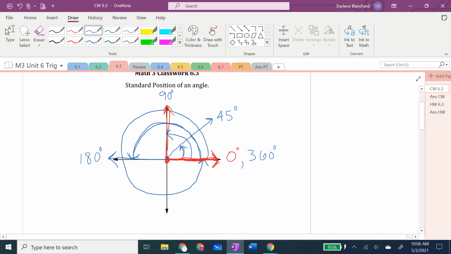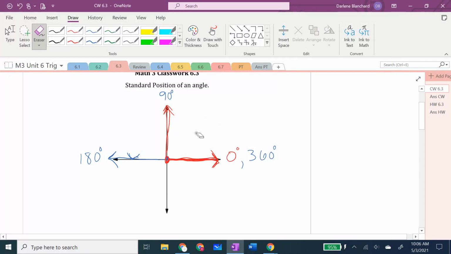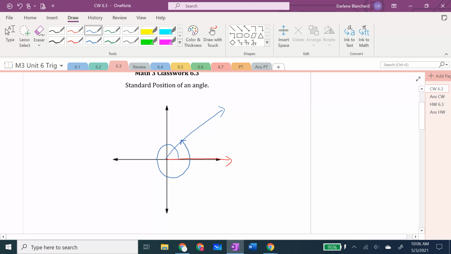If I decided that I was going to, let me erase some of this. I could choose to start at 0 degrees and rotate counterclockwise, a full rotation, but then go halfway through quadrant 1 and stop.